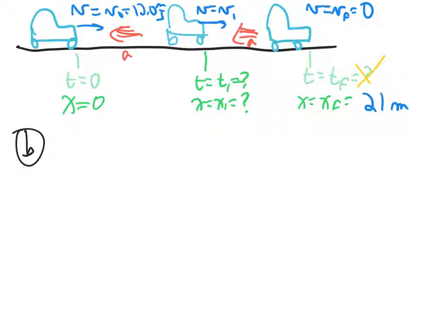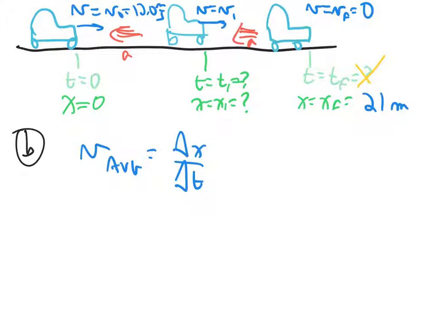Because of that, since we're talking about covering equal distance but at a lower speed in the second half, then the time must be more. In other words, we're going back to the idea, as always, that the average velocity is the distance over the time, the change in distance over the change in time.